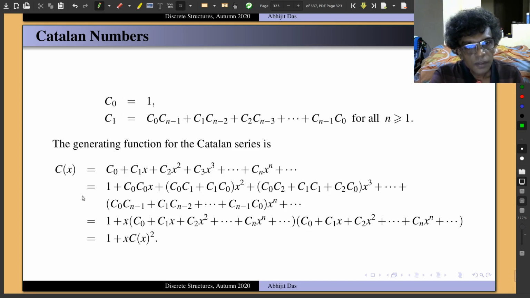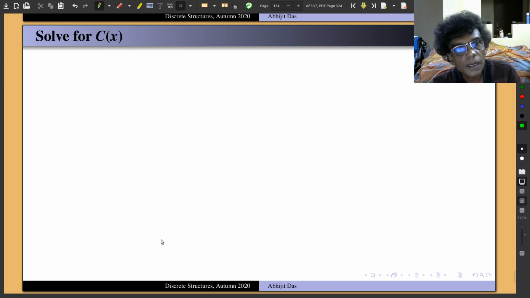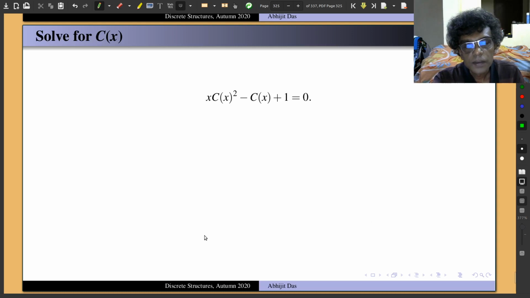So, now this involves a quadratic equation in C of x. This is no longer a linear equation. So, what is that equation? Let me write it clearly. x C(x) whole square minus C(x) plus 1. Although apparently it does not make any numerical sense here, it still makes formal sense.